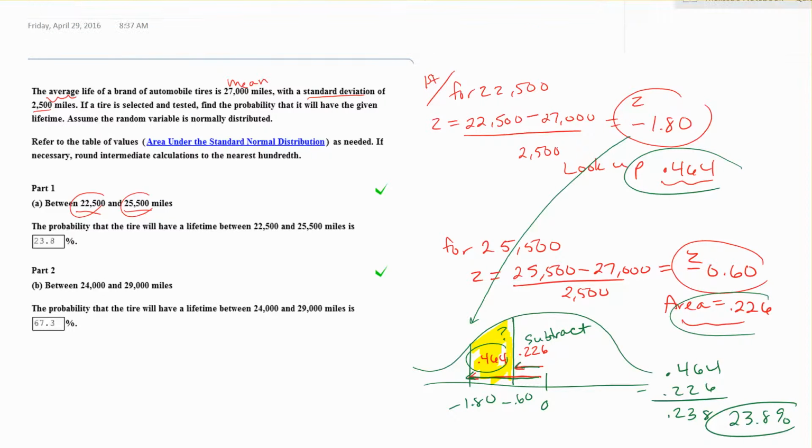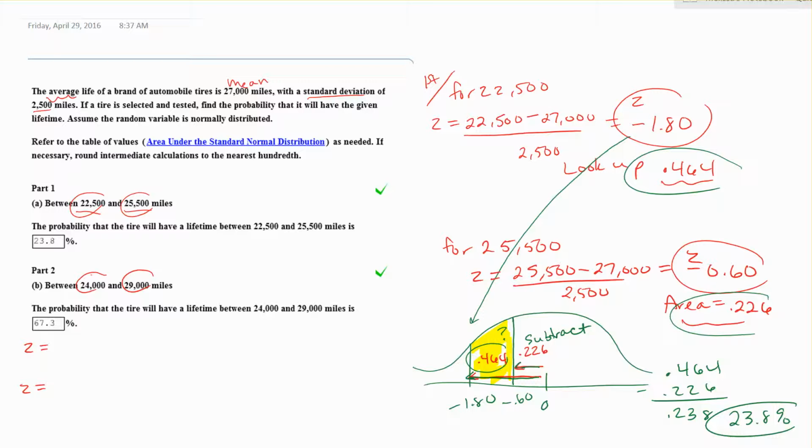Now part B is the same idea. You're just going between 24,000 and 29,000 miles. Again, same process. We're going to convert both of those. Let me put the z's for each of those. For the 24,000, I would do 24,000 minus 27,000 equals, and divide that by 2,500.